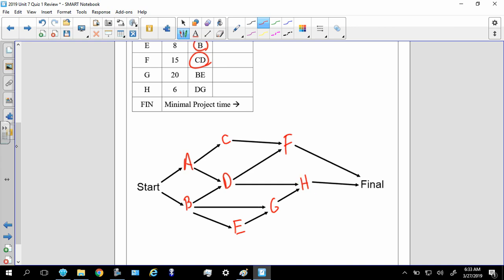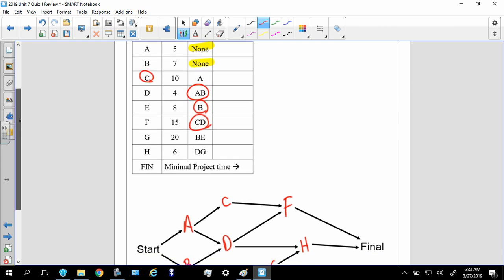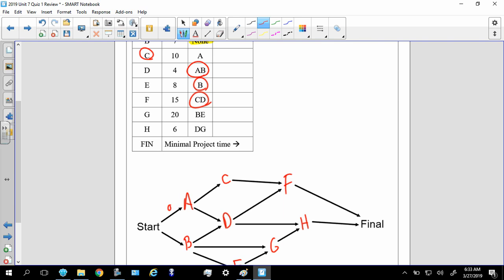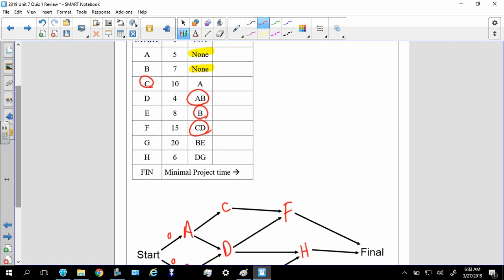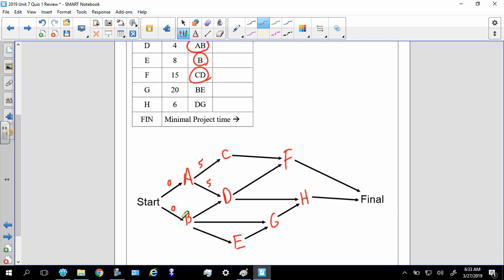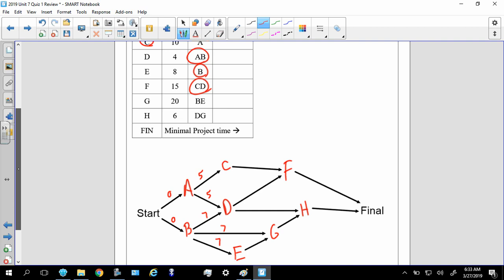Okay, so now that we've got everything, let's put all our numbers on there. Start is always going to have a 0, so I don't need to worry about that there. A has a time of 5. B has a time of 7. Oh, there are 3 arrows for B, so they all get 7. C is 10.